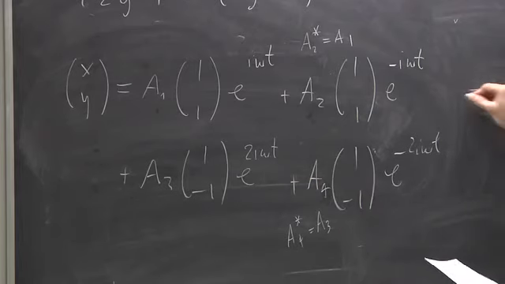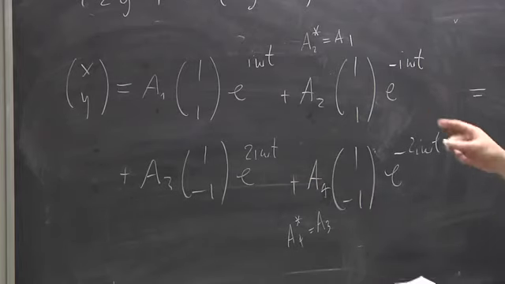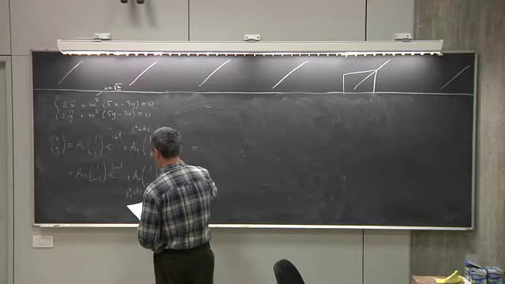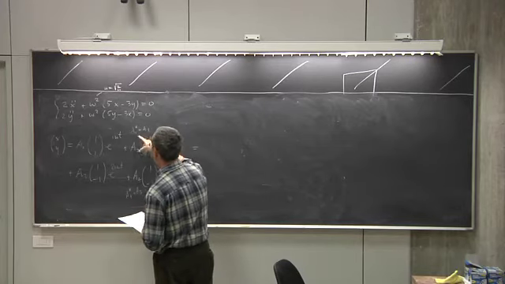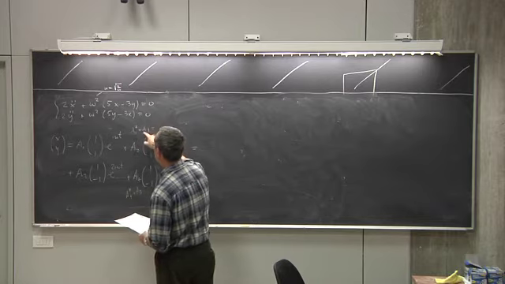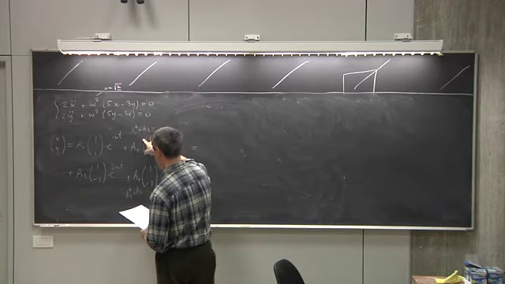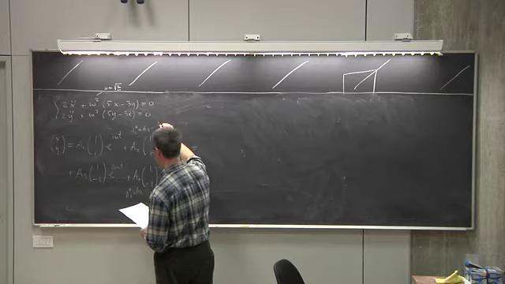So in other words, now I can write this, so let's call, I have A1 is equal to A2 conjugate.